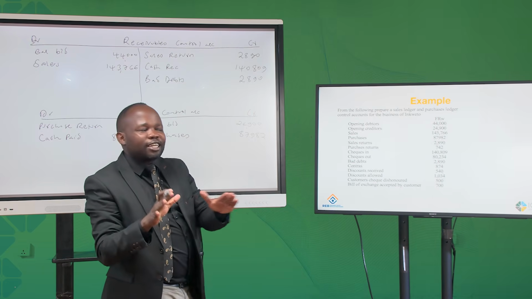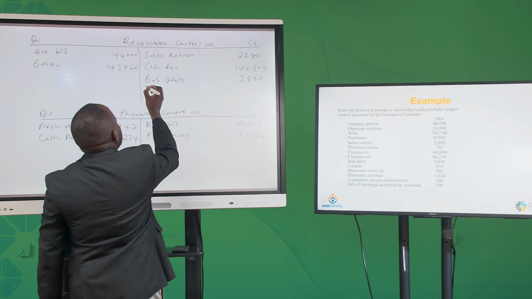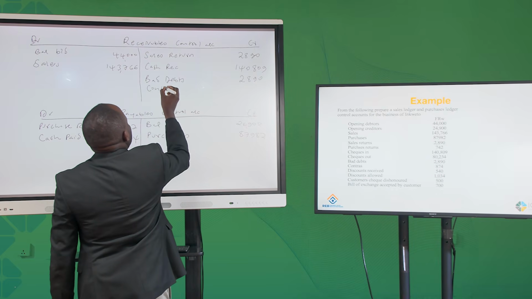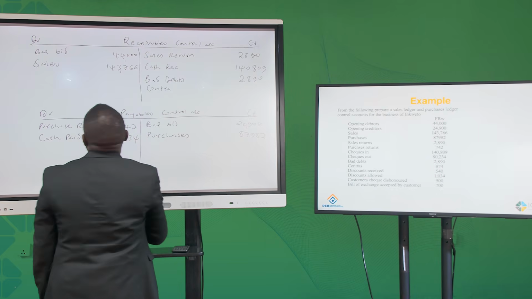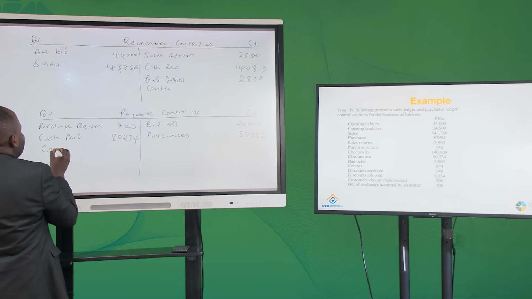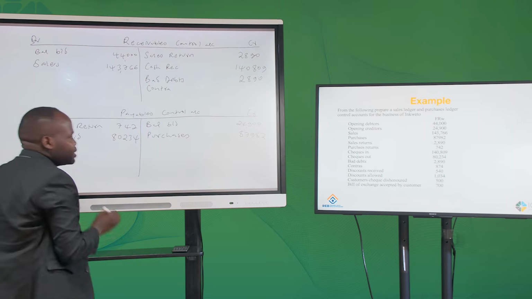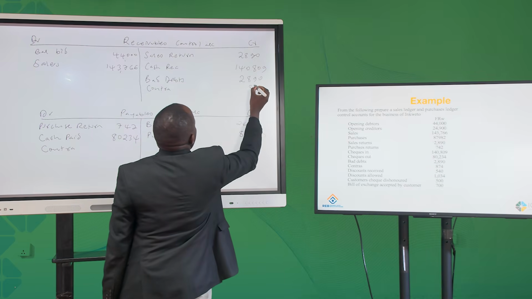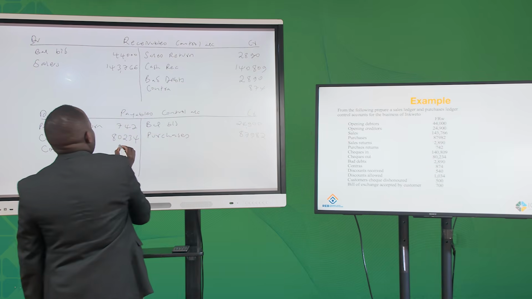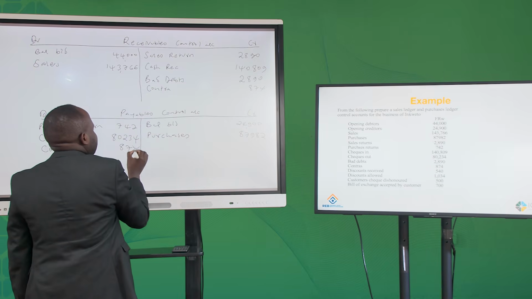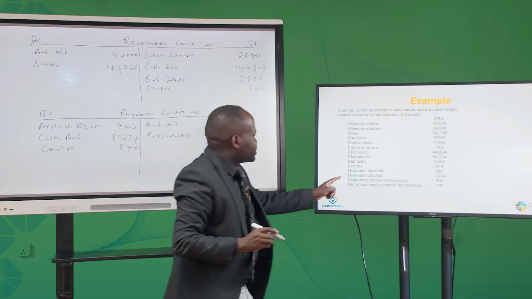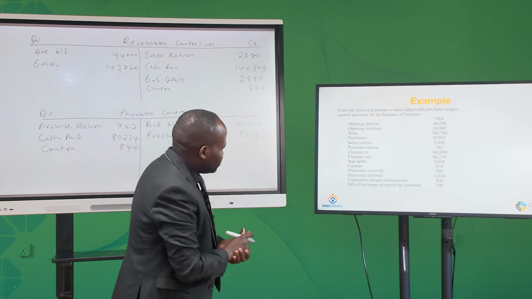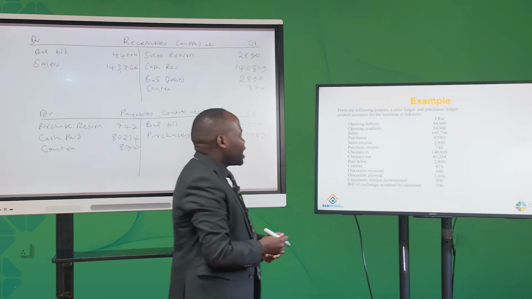A contra is an entry that affects the two sets of accounts. It is 874.